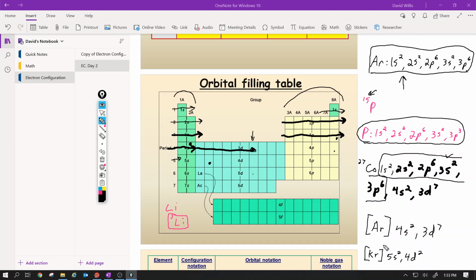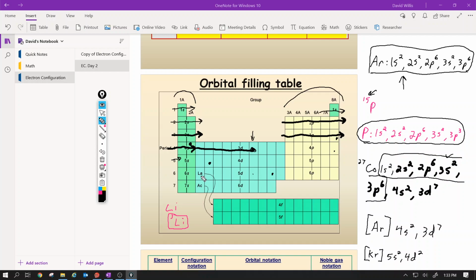Like if I wanted to do gold, which is number 79, right here, I would put xenon and then 6s2.